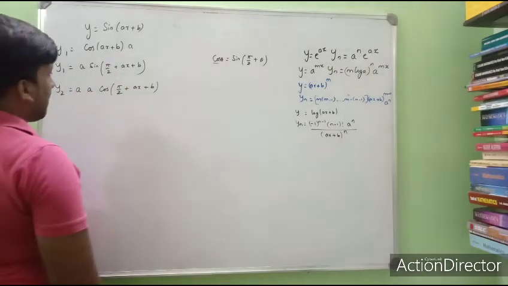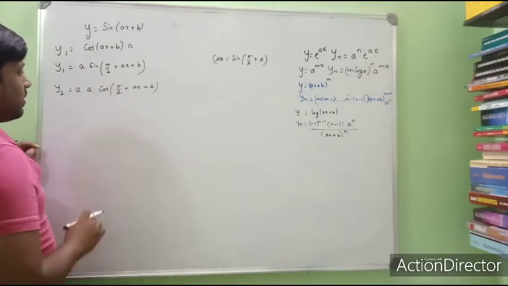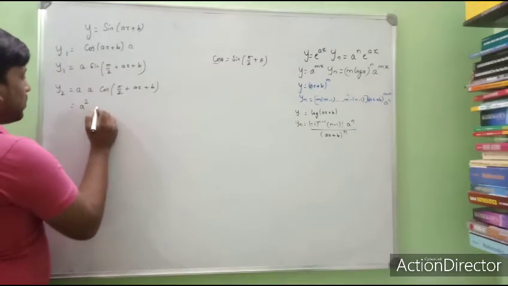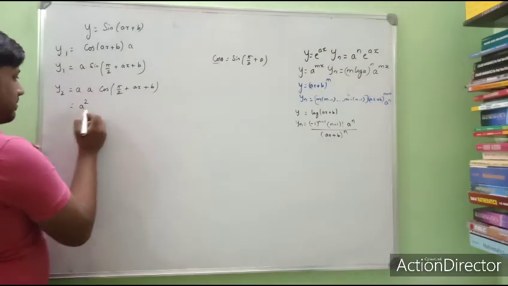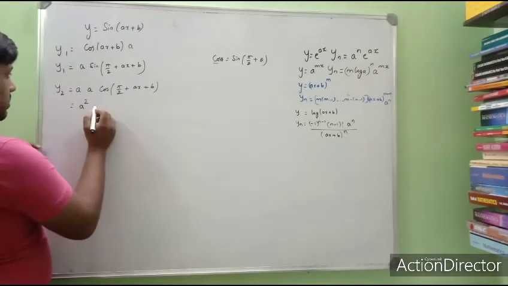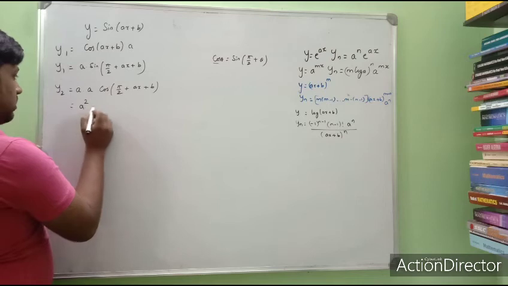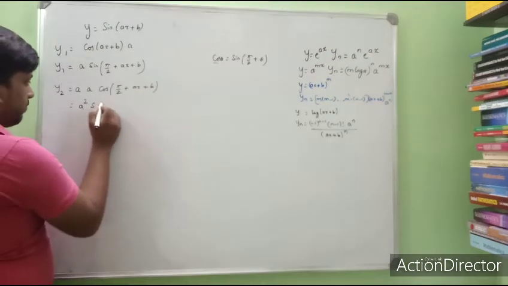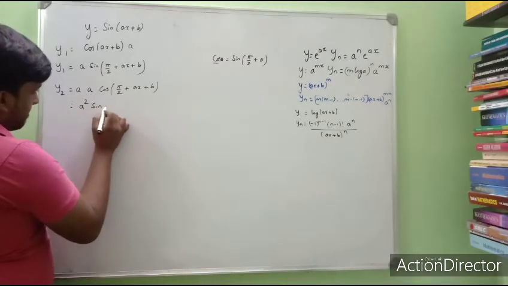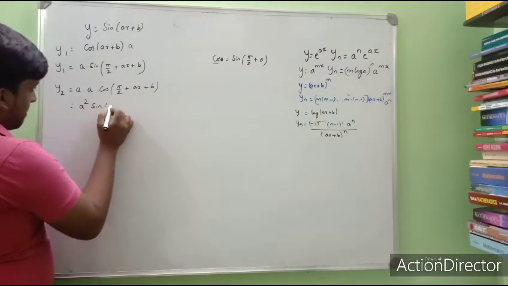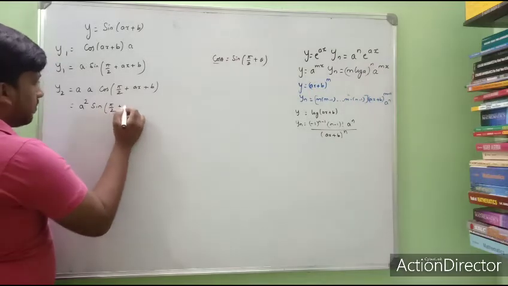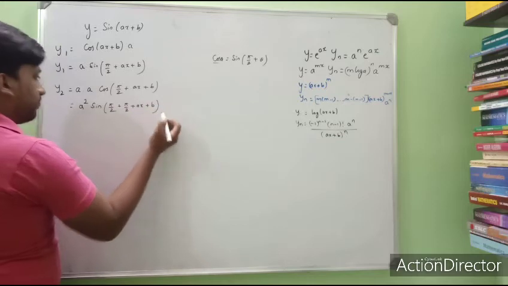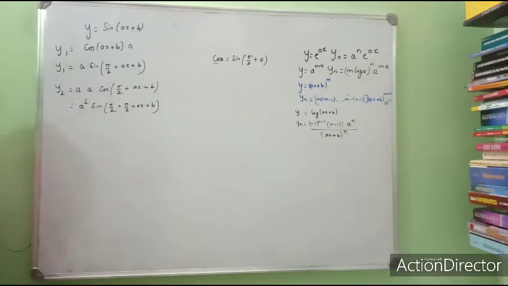For cos of pi by 2 plus ax plus b, we will be getting a square into sine of pi by 2 plus pi by 2 plus ax plus b, right?